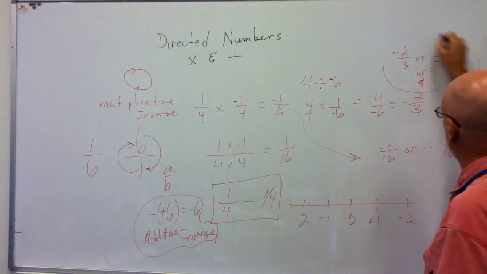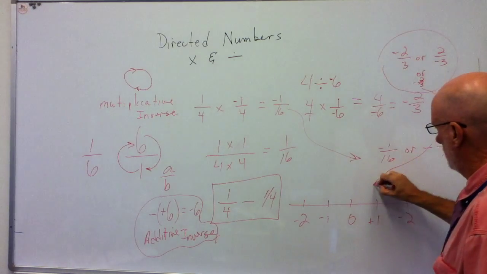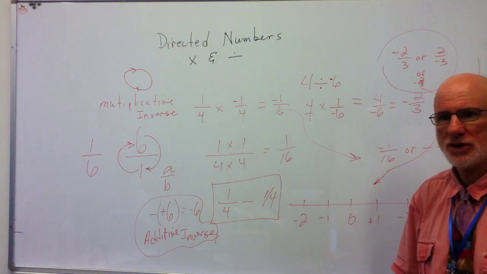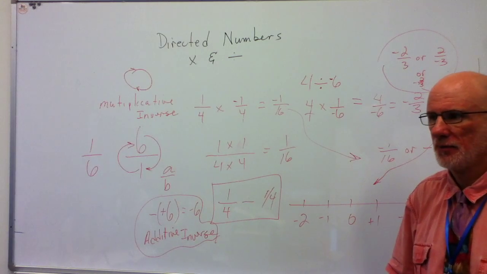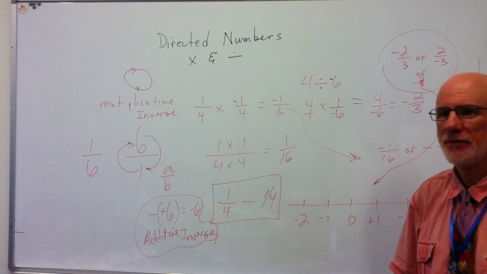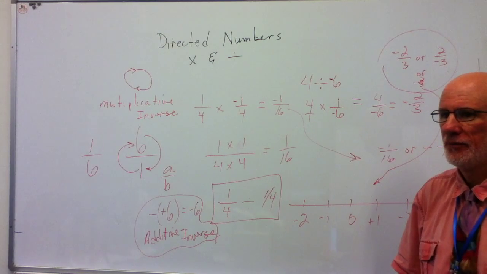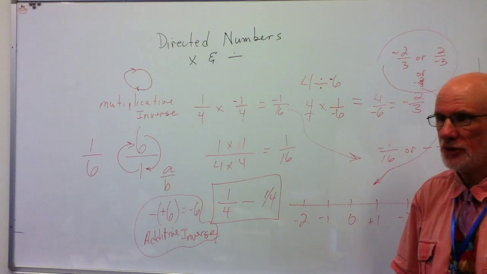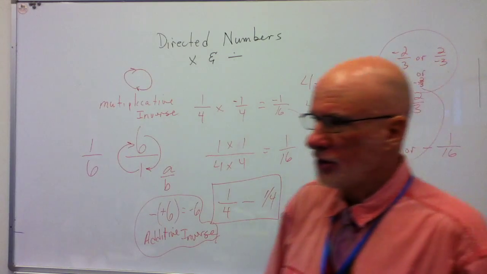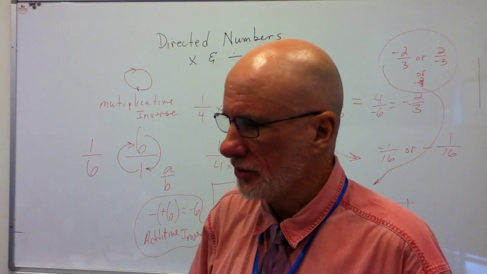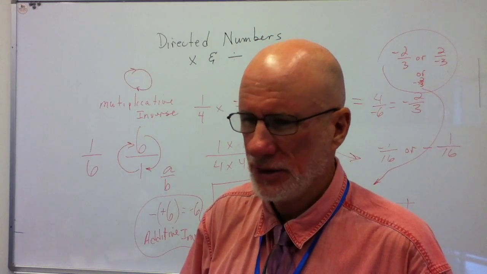Any of these values, where would I put them on the number line? Where's -2/3 on the number line? Anybody? Tell me. Go on. You can do this. Are you afraid to answer because you're afraid to look silly or something?